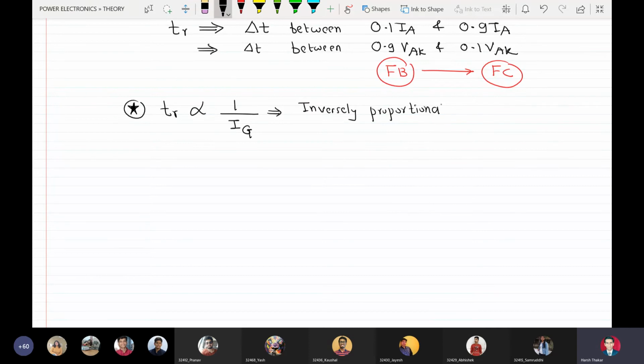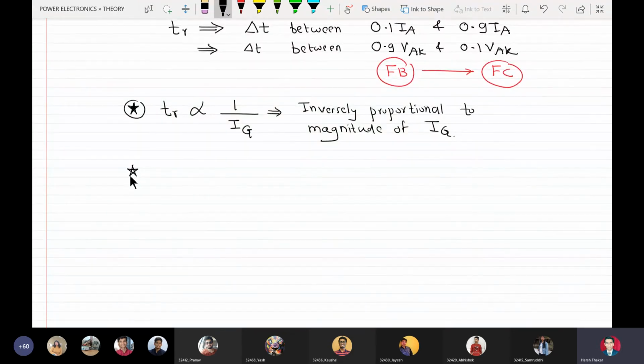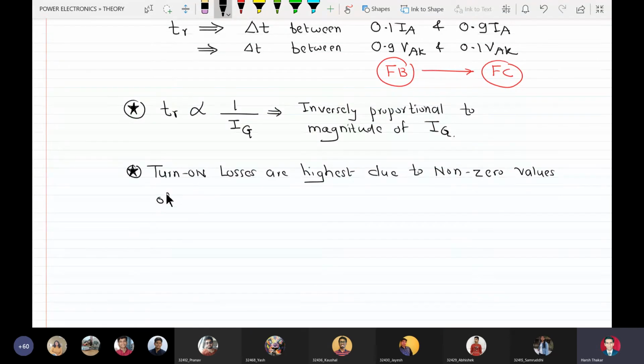One more fact associated with the rise time is that the turn on losses are highest, due to non-zero values of both anode current and anode to cathode voltage or device drop.